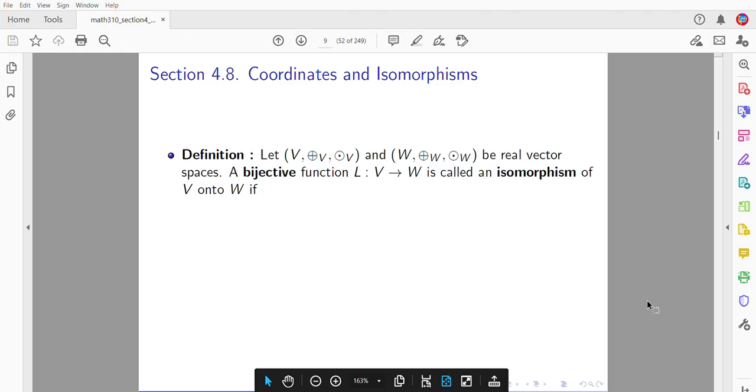Okay, so suppose V with its own ⊕ and own ⊙, and W with its own ⊕ and its own ⊙ be two vector spaces. Okay, they are both real vector spaces. A bijective function L from V to W is called an isomorphism of V onto W. Bijective, if you remember from pre-calculus, means you have to be one-to-one and onto.